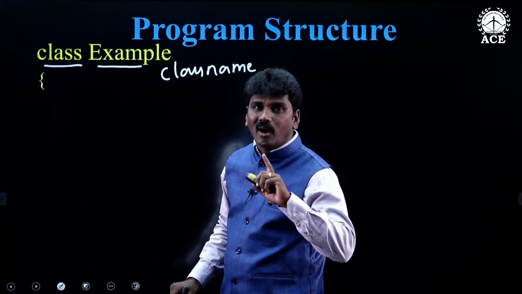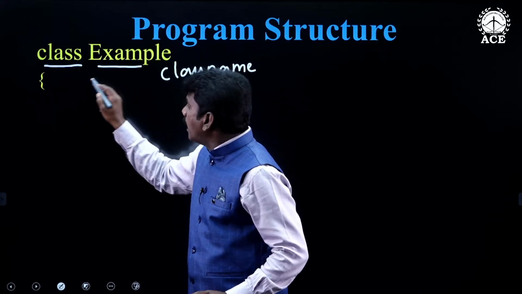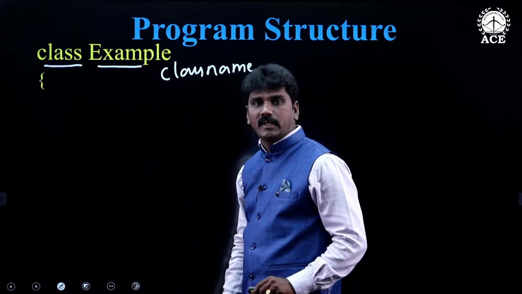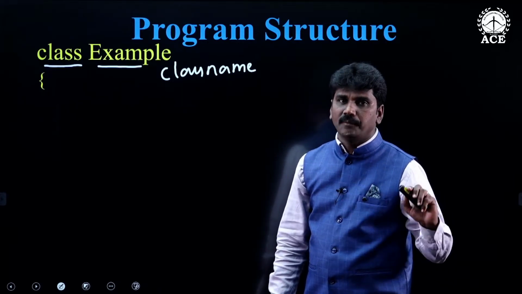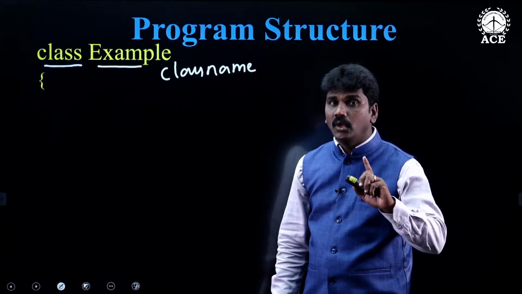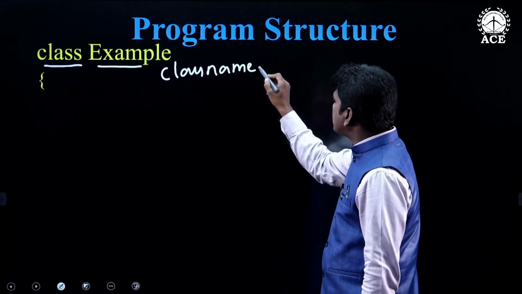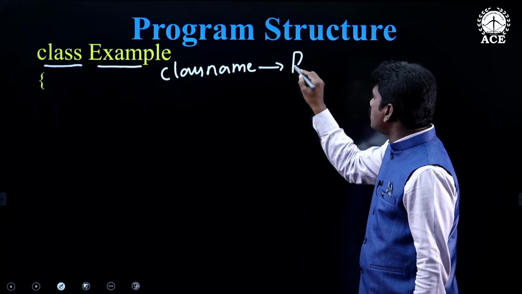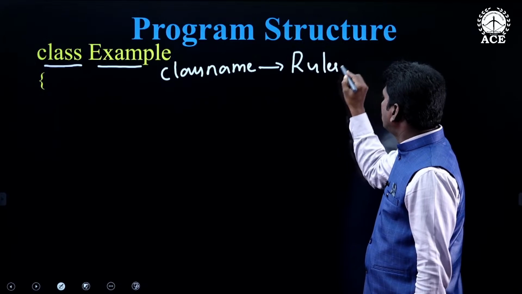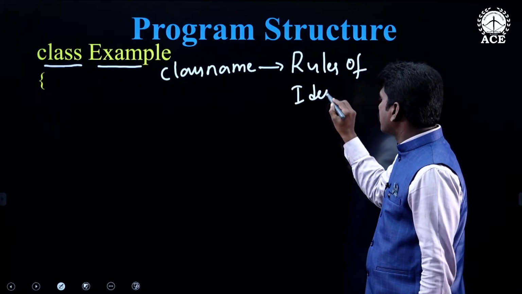We have to use all lowercase letters only, like class, and then the class name. The class name is our choice. We can take any name, no problem, but while taking this name we have to follow the rules of identifiers.